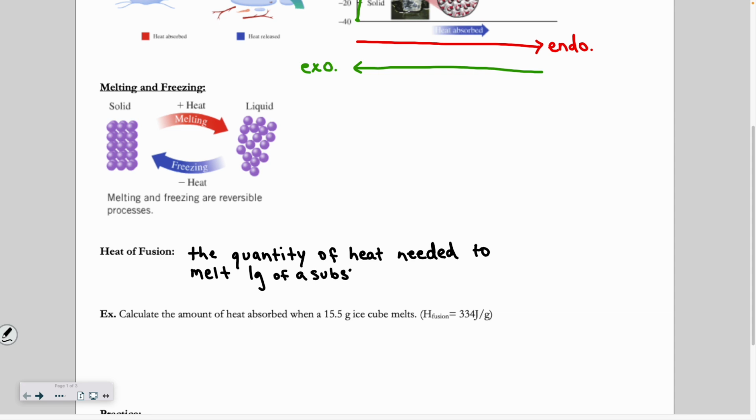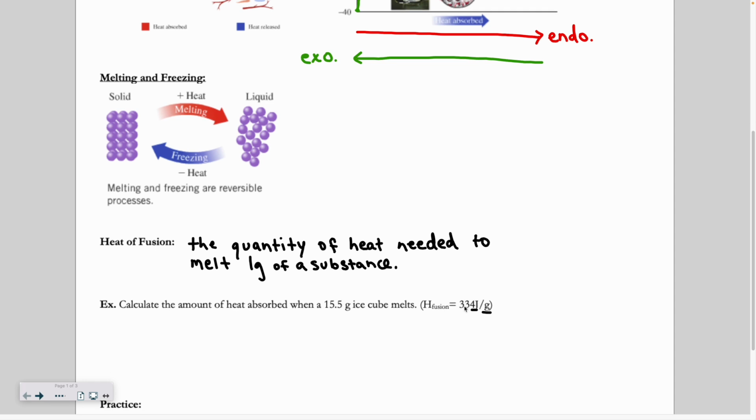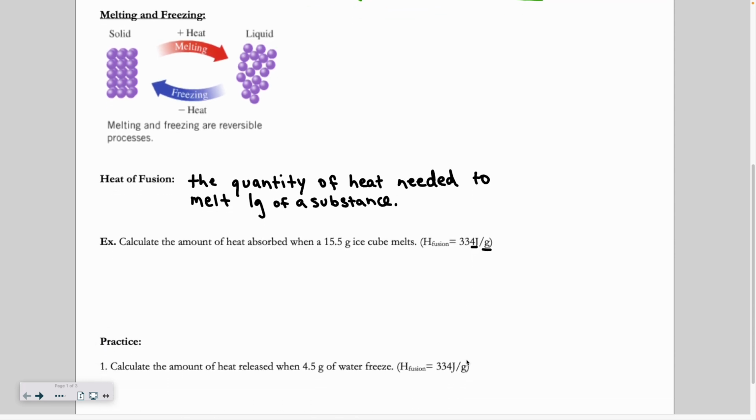If you look at the practice problem that I gave you, joules are your unit of energy, so that is the amount of heat, that is your energy for every 1 gram. So that is your heat of fusion. Now note, your heat of fusion, if you're going from a solid to a liquid, is going to be positive, and it would be negative if you were freezing. So if instead of melting this ice, what if I were freezing the water to make ice? Then your heat of fusion would simply be negative 334 joules per gram.